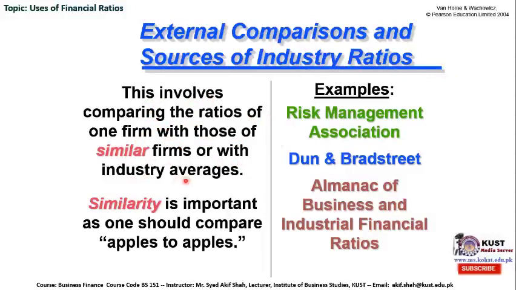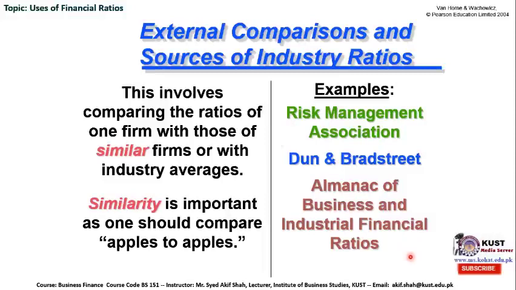So there could be two types of external comparison. We can compare our company's financial ratios with another company which is in similar nature, and as well as we can compare the overall industry averages. Like there are many independent financial companies, for example, Risk Management Association, Dun & Bradstreet, and Almanac of the Business and Industrial Financial Ratios.